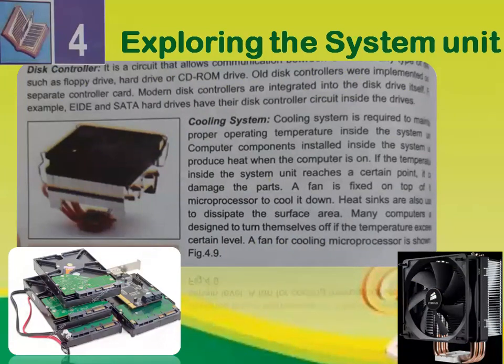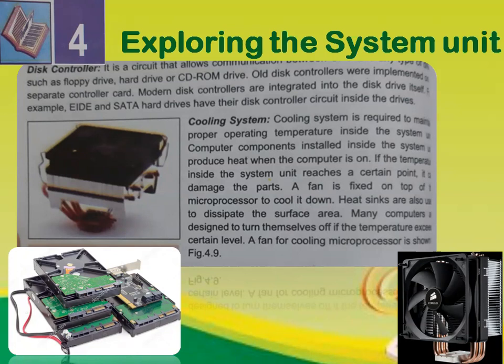Next we have the cooling system. The cooling system is required to maintain a proper operating temperature inside the system unit. Computer components installed inside the system unit produce heat when the computer is on. If the temperature inside the system unit reaches a certain point, it can damage the parts.